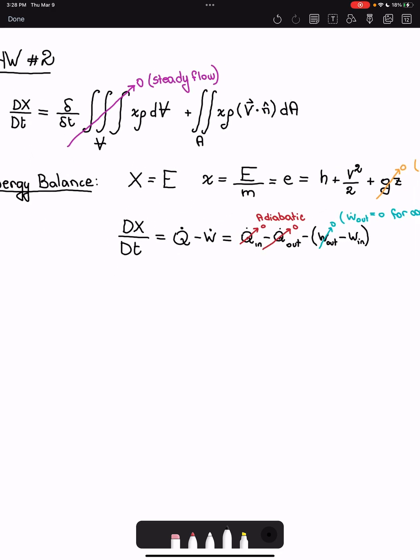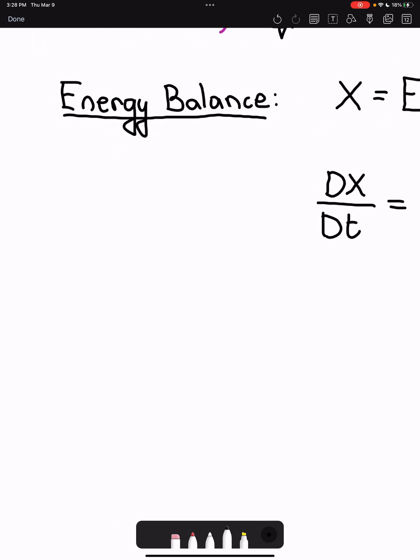So we have the work in, which is positive, the work in, and it still has a dot, is equal to what?